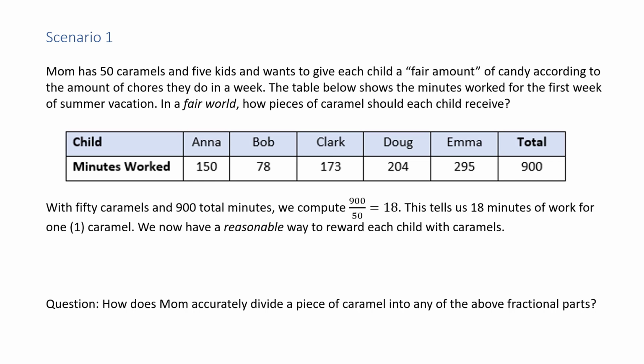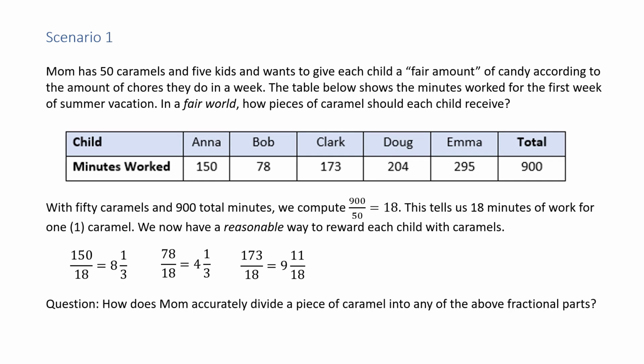Now we have a reasonable way to reward each child with the caramels. For example, since Anna worked 150 minutes, divide that by 18, and that results in 8 1/3 pieces of caramel. Bob worked 78, so we divide that by 18 as well, and that's equal to 4 1/3 pieces of caramel.